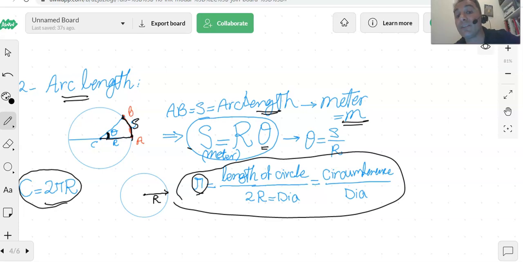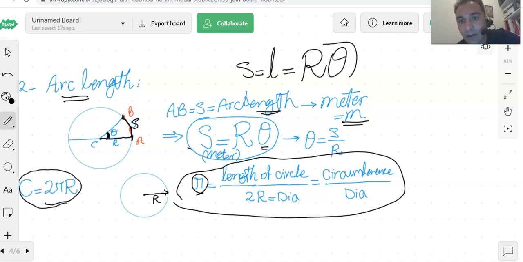Don't say meters radians because that radians is inside meter, inside the radius. So S is equal to R theta, or some books say L instead of S. So L is equal to R theta.